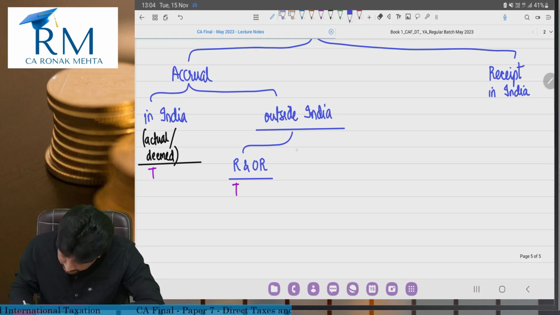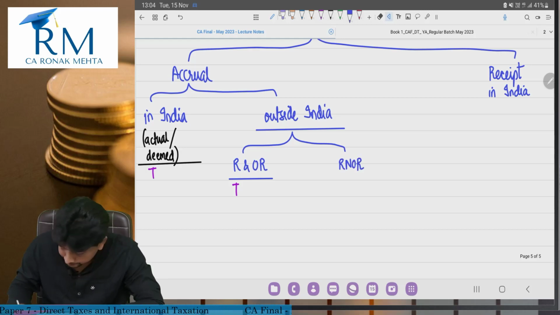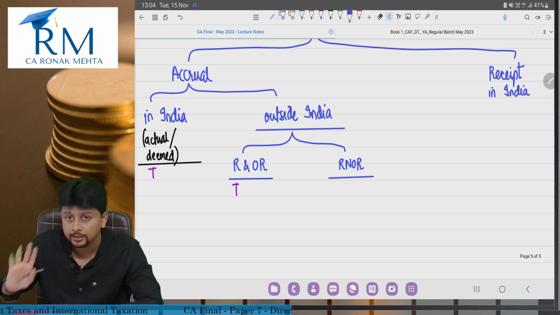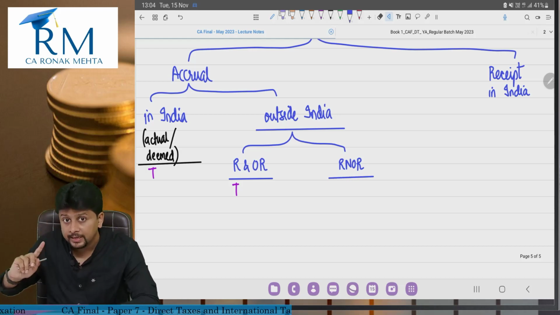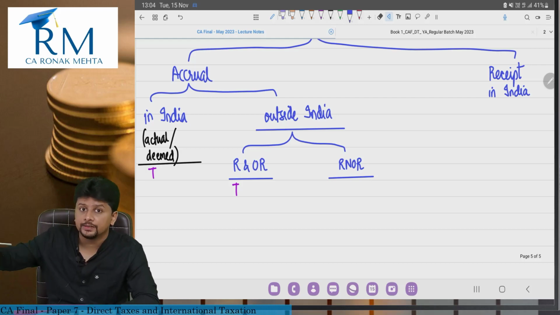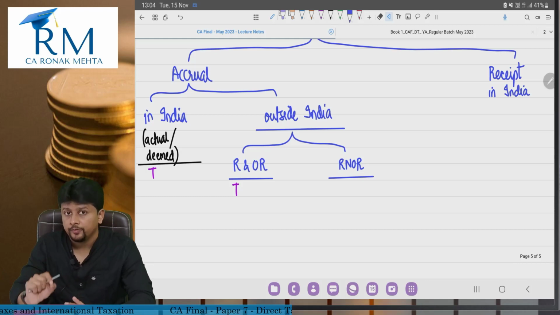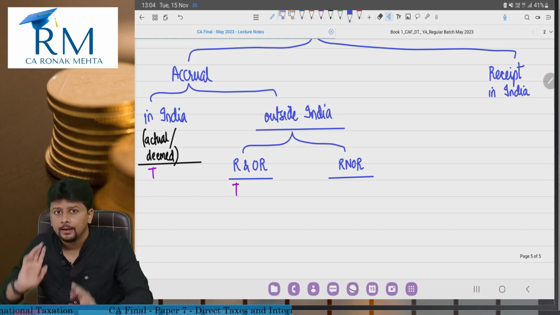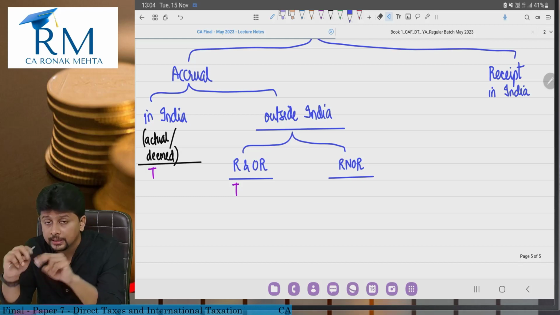But if I am a resident but not ordinarily resident, then the general rule is it's not taxable. But then we said unless it is from a business controlled in or a profession set up in India. Business controlled in India, profession set up in India.